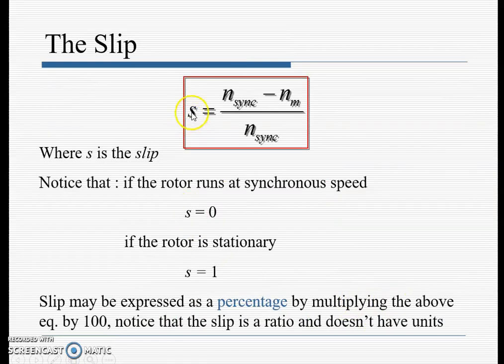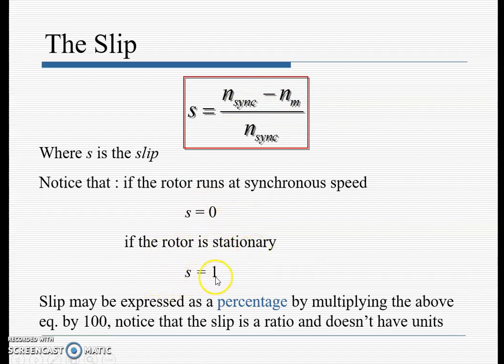The slip formula can also be represented as S equals N synchronous minus Nm divided by N synchronous, where S is the slip. Notice that if the rotor runs at the synchronous speed, that is, if Nm is equal to N synchronous, then our slip comes out to be 0, and it seems that the rotor is stationary.